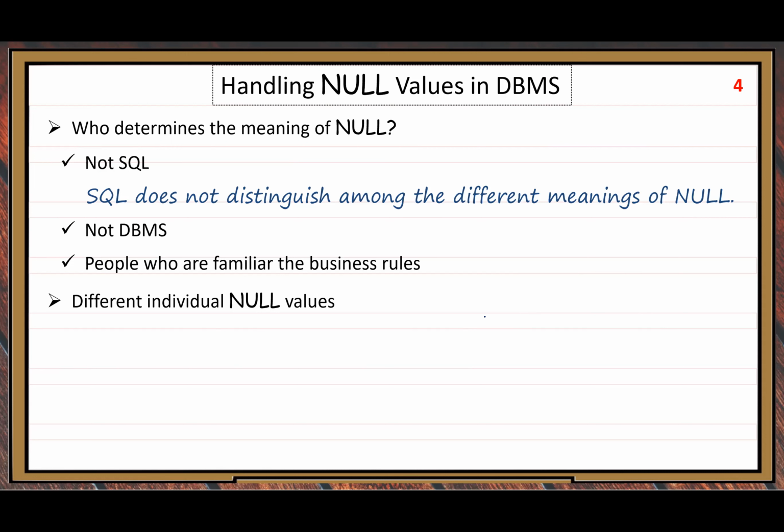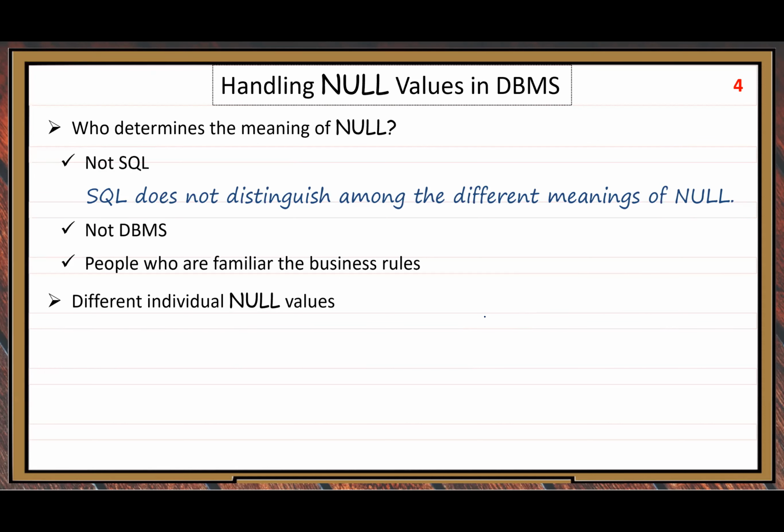Different individual null values. Because this value is so special, when you do comparison with null values involved, what is the typical behavior?